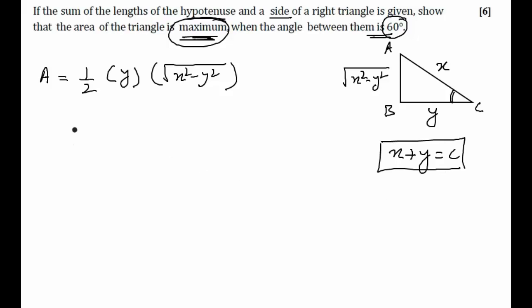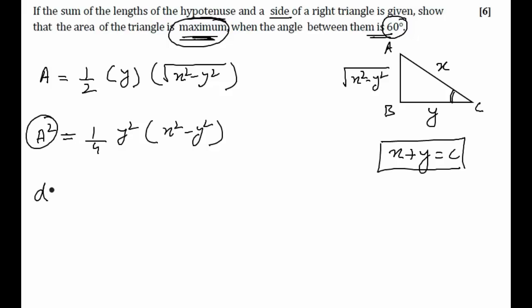If I maximize the area, then it is very obvious that A square will also become maximum, right? So A square will become 1 upon 4, then y square into x square minus y square, something like this, right?